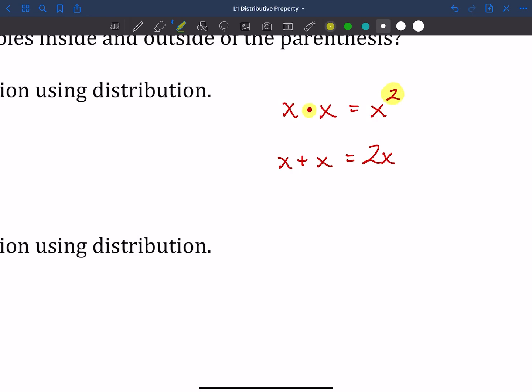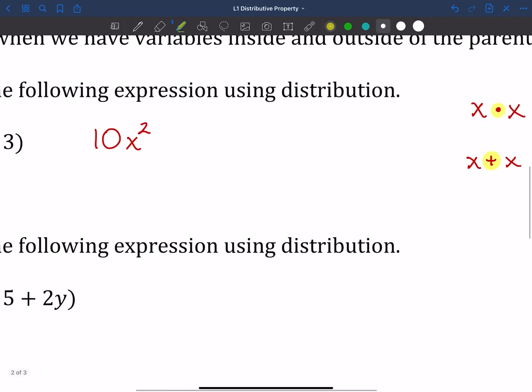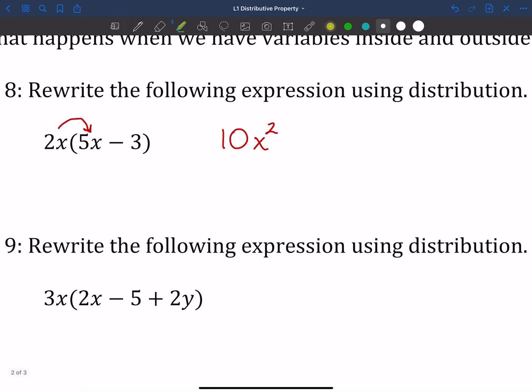That's when we change the exponent. When you're adding them, that's when you change the coefficient that's out in front. So be a little careful with that. I've seen people make mistakes with that in the past. Multiplying changes the exponent, adding changes the coefficient.